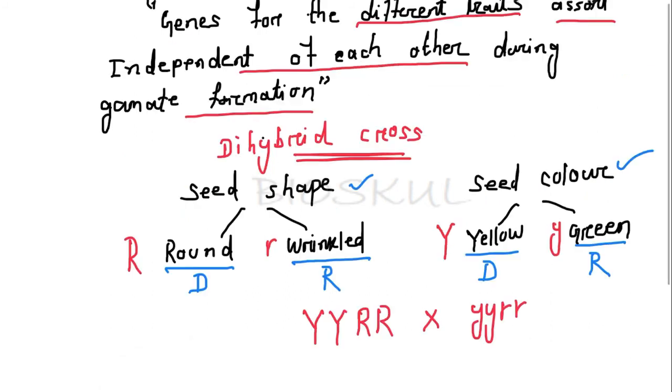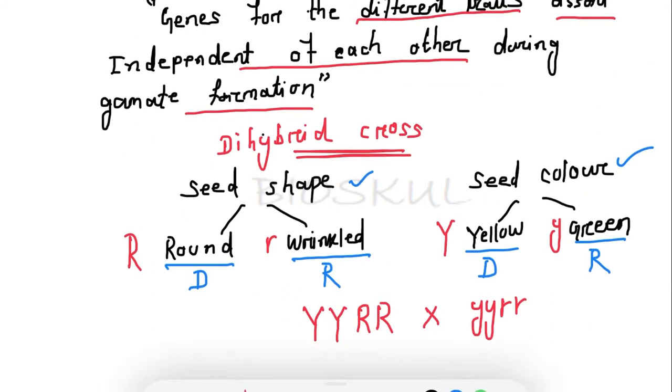What does it say? During gamete formation, the genes will assort independently of each other. That means during gamete formation, this Y may come with this R, or this Y may come with the other R. Similarly here. The genes arrange independently of each other.